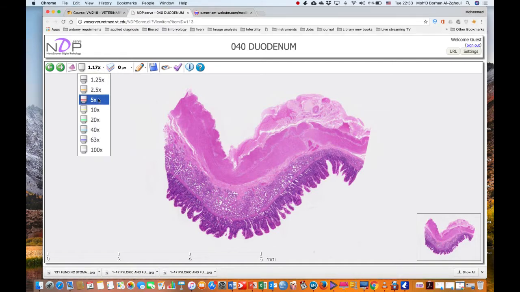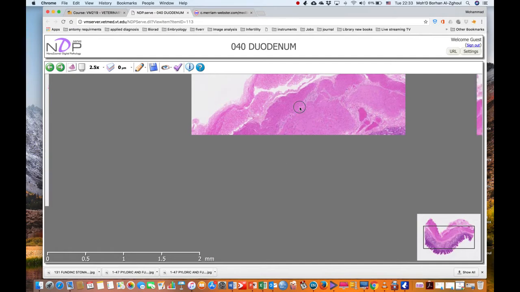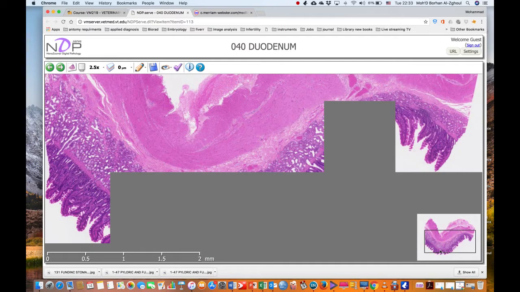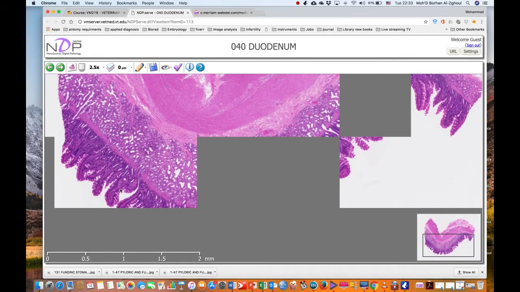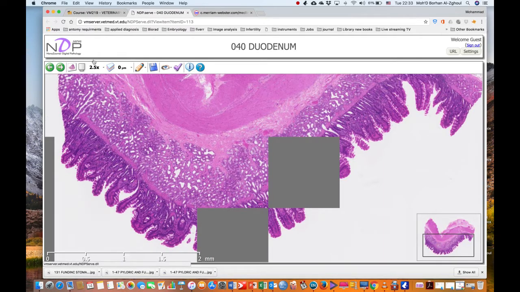So if we increase the magnification, this is the finger-like projection with the epithelium and goblet cell, lamina propria and muscularis mucosa.